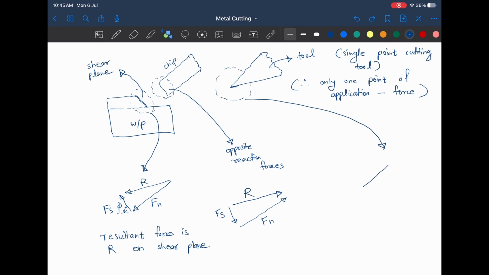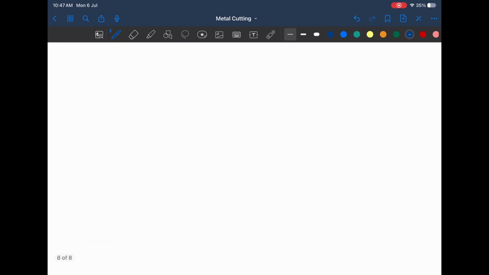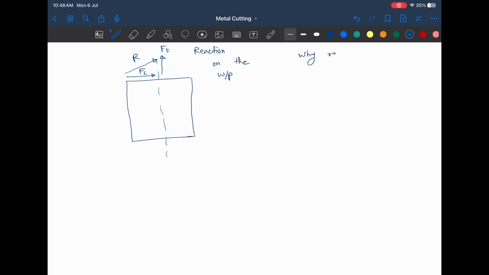So in detail, this is our cutting tool, the angle alpha, and this will apply thrust force on the workpiece. Now reaction forces on the workpiece, Ft and Fc.